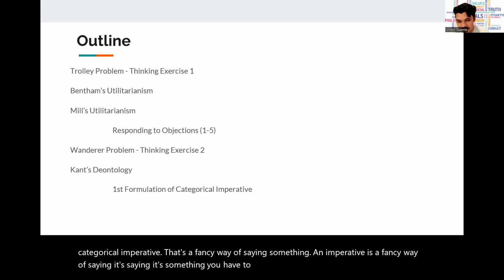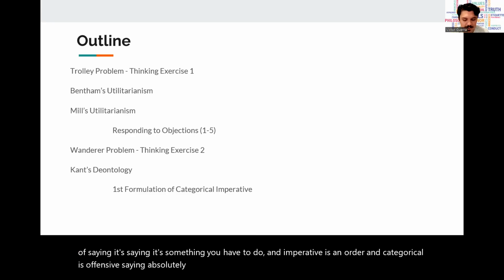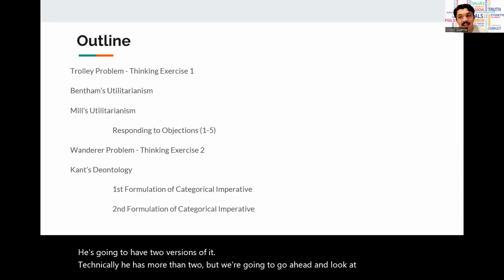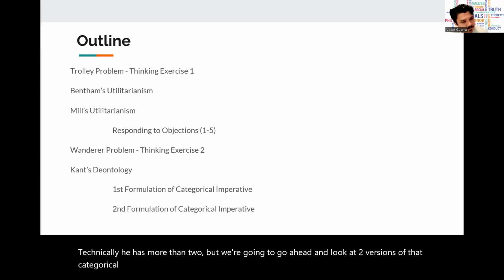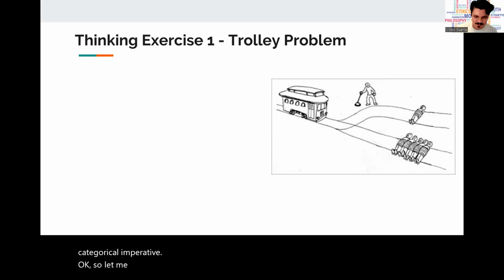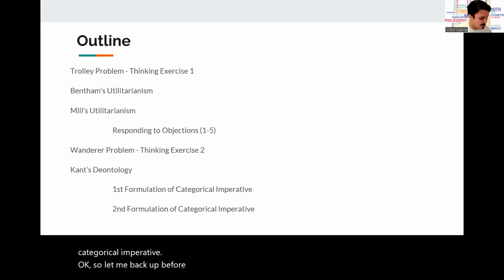An imperative is an order. And categorical is a fancy way of saying absolute, that you always have to do it. He's going to have 2 versions of it. Technically, he has more than 2, but we're going to look at 2 versions of that categorical imperative.